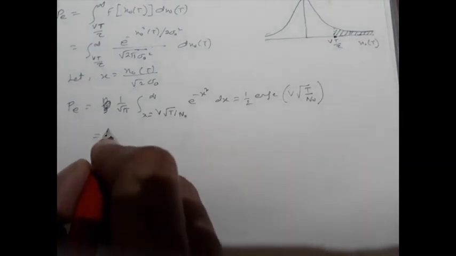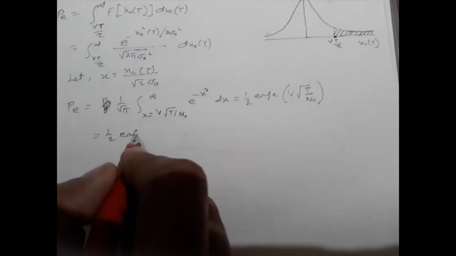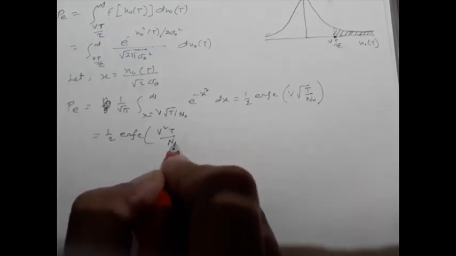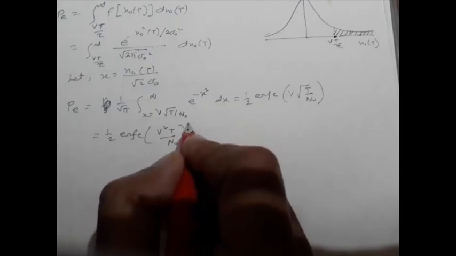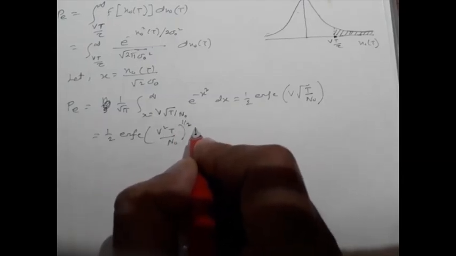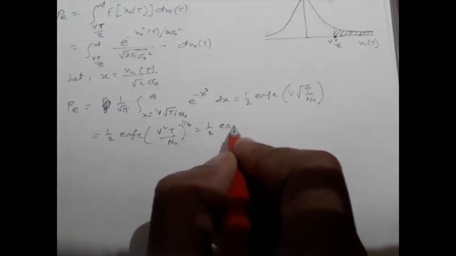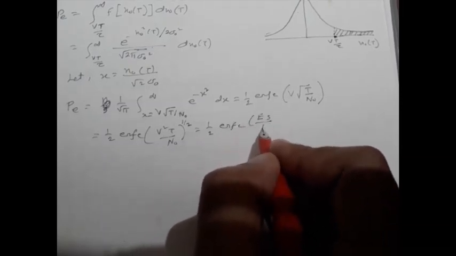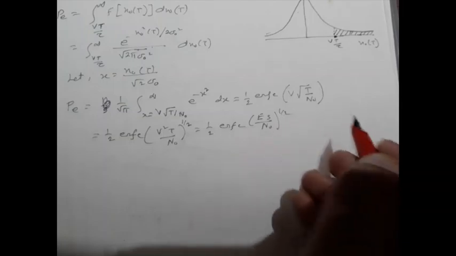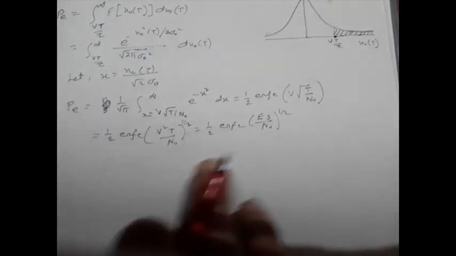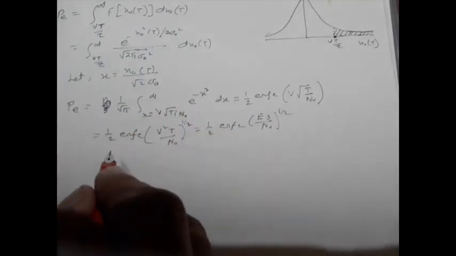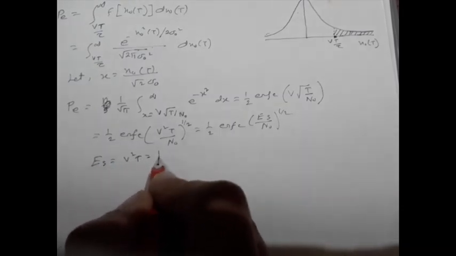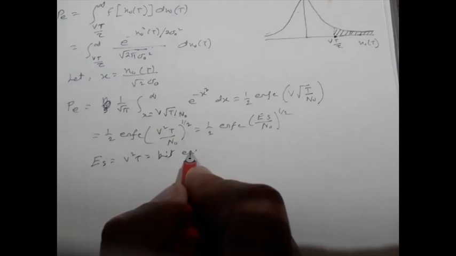Now we change the argument a little bit, V square T by N0 whole to the power half, that is half of Es by N0 to the power half, where Es is the bit energy, V square T equal to bit energy.